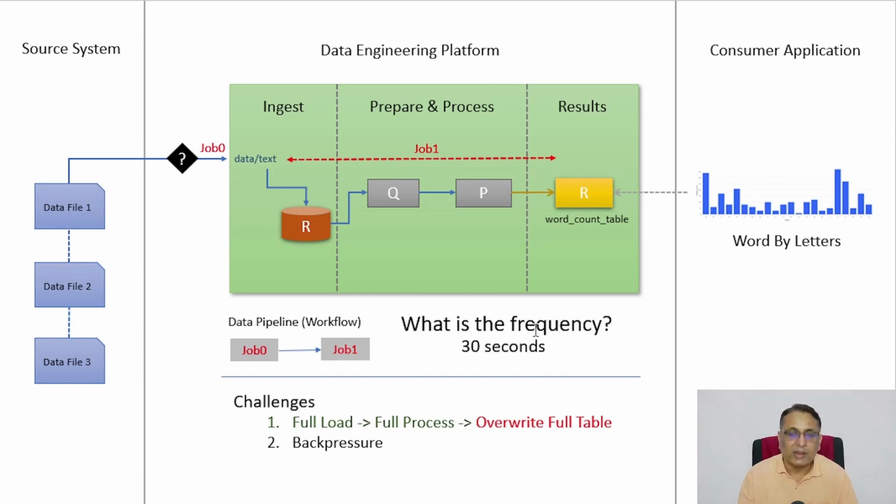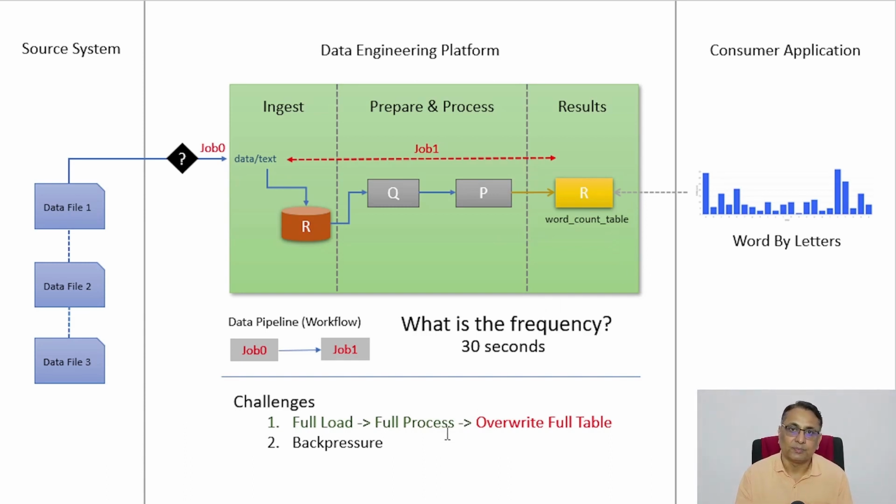Over a period of time, your job will start taking more and more time, and you won't be able to finish it in 15 minutes. Forget about the 30 seconds requirement. So we have a back pressure problem here, right? We have a back pressure problem because we are doing a full load, full process and complete override.